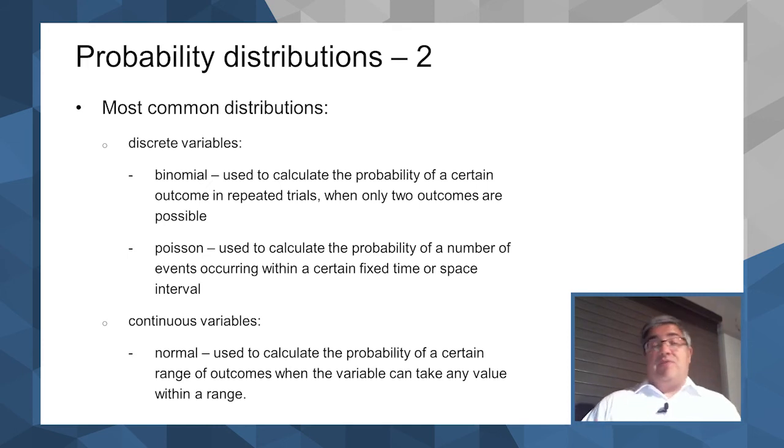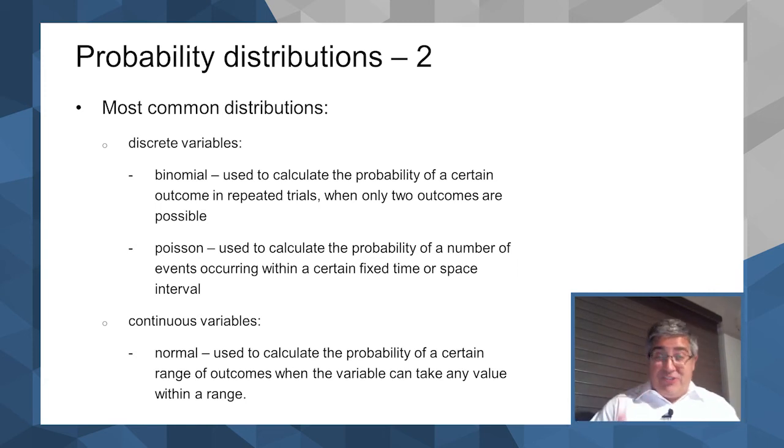Yes or no, exists or doesn't exist. So if I look at the variable, does somebody have blue eyes? They either have blue eyes or they don't. Or do I win a game? I either win or I don't. Did I win the lottery? I either won the lottery or I didn't. So that sort of situation.